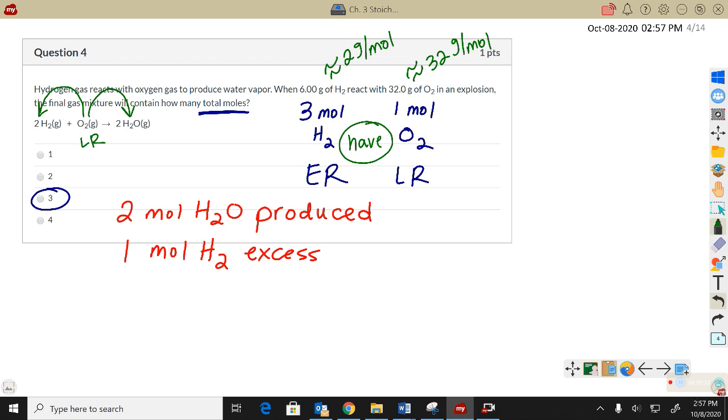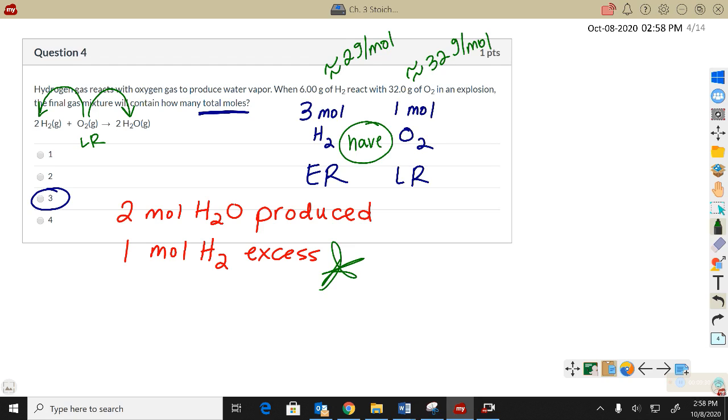But if you picked 2 and got it wrong, I bet you just forgot about the leftover. Yep, there's going to be 2 water produced, but we only need 2 hydrogen and we have 3, so there'll be 1 extra mole of hydrogen left over.